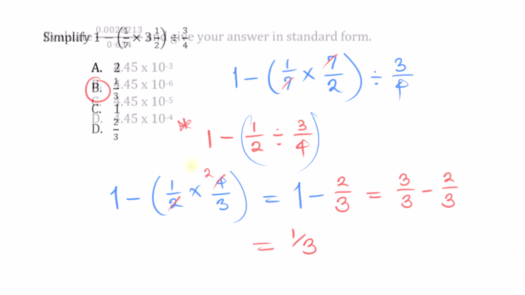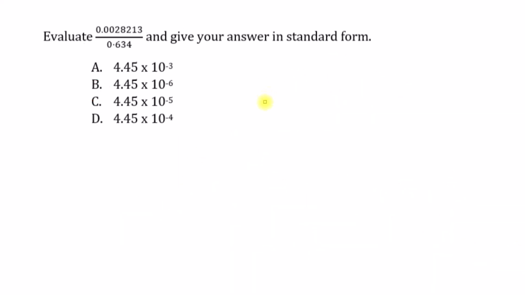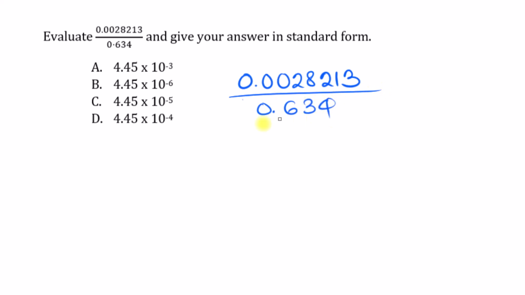Okay, this type of question again. Okay, let me just lay my hand on this so that again I will reiterate the core concepts to your hearing. 0.0028213, we are dividing by 0.634, and I'm saying that you move your decimal place a number of times: 1, 2, 3, 4, 5, 6, and 7.